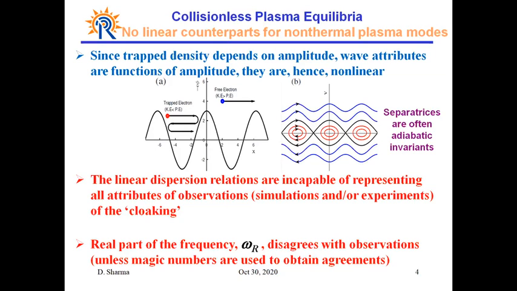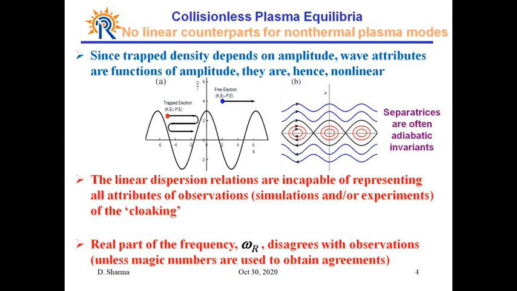The first thing is that the clocking that I'm talking about is not accessible anywhere in the linear dispersion relation, in the linear limit. So essentially the mode clocking happens only in the nonlinear range in the kinetic regime.